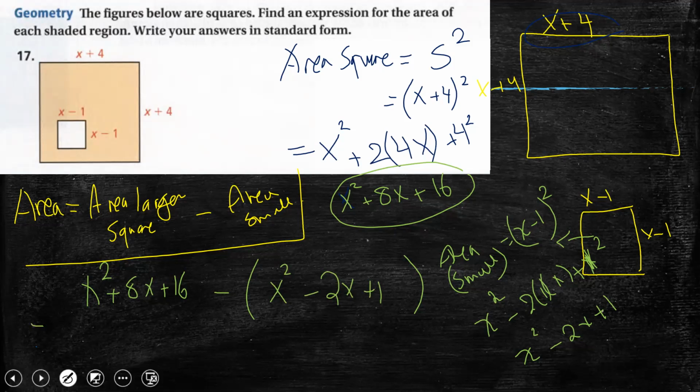Now look at this one here. We have x squared plus 8x plus 16 minus this function. What do I have to do?